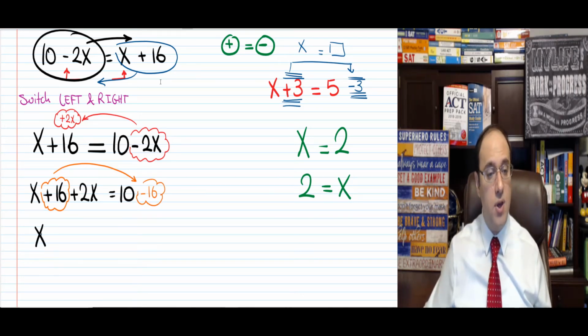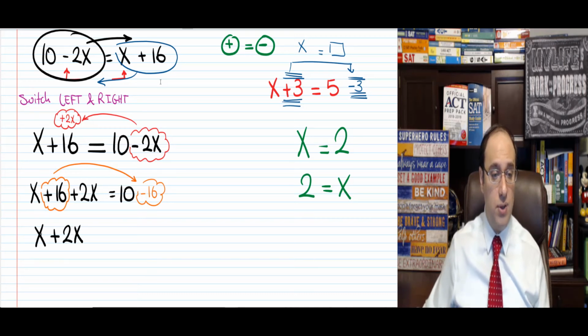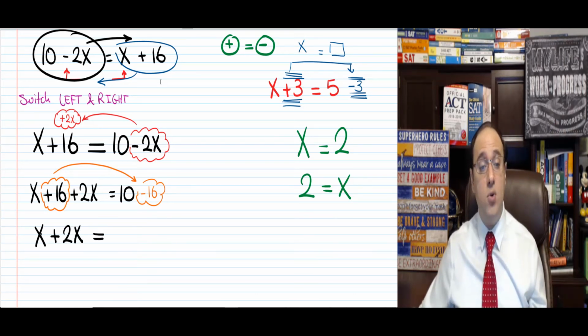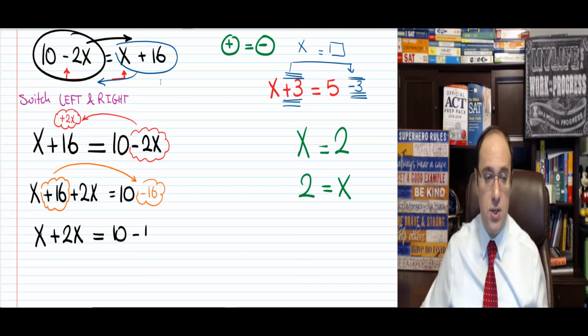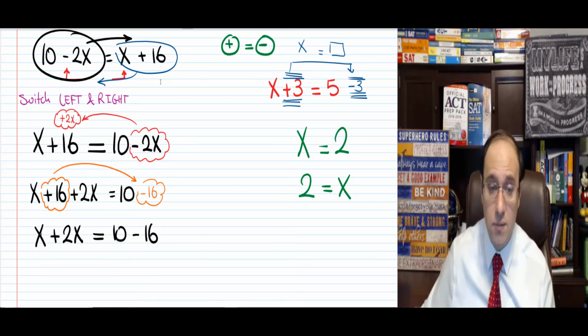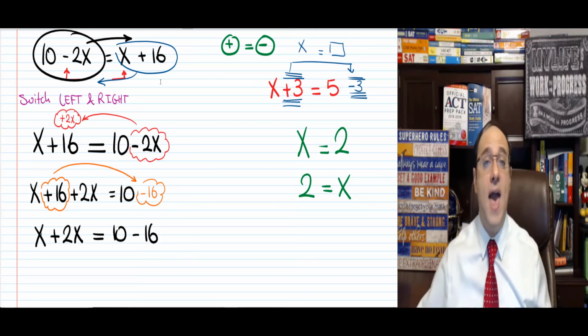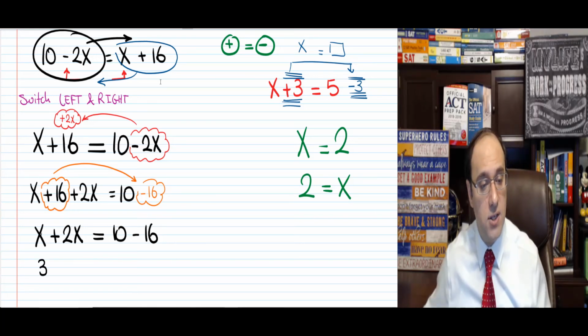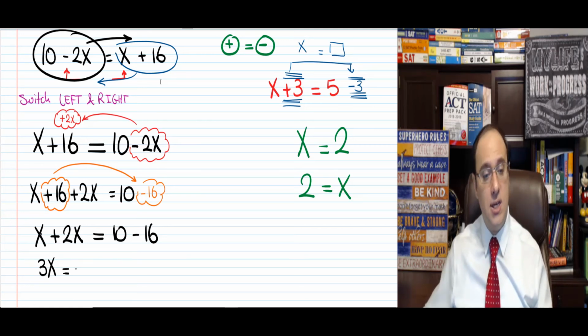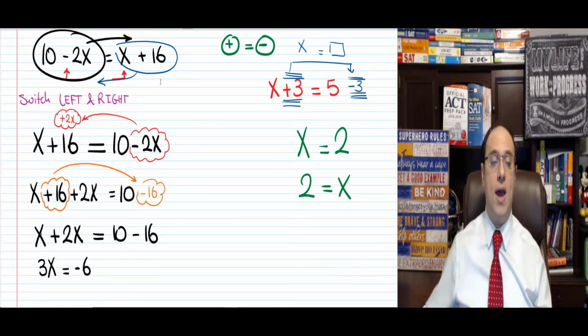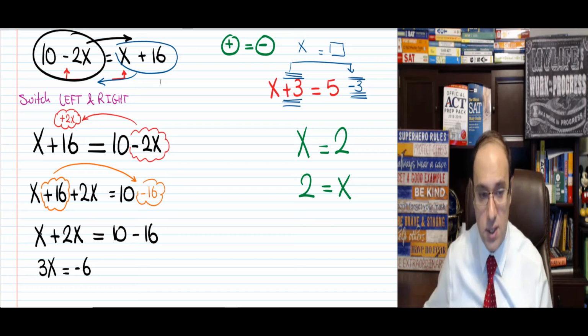So x plus 2x, because the plus 16 flew away, equals 10 minus 16. Easy? Super easy. Now what? Let's combine. x plus 2x is 3x equals 10 minus 16 is negative 6. So I have 3x equals negative 6.